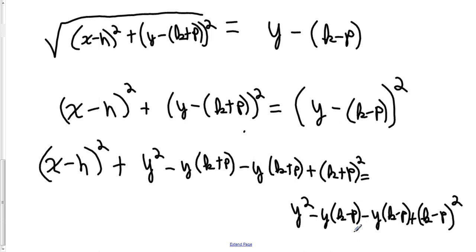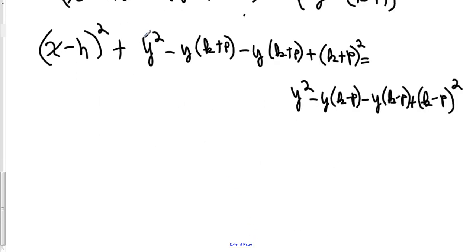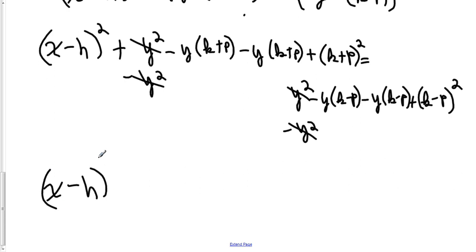All right, now let's see what happens here. Okay, so the y squared on the left side, if I subtract y squared here and subtract y squared here, they would both cancel out. That's all I can really do right here. So let's have x minus h squared left over.